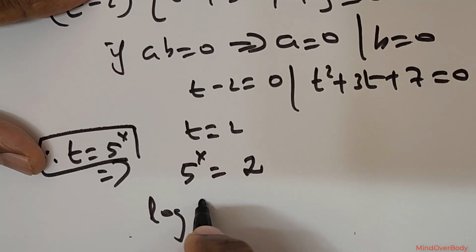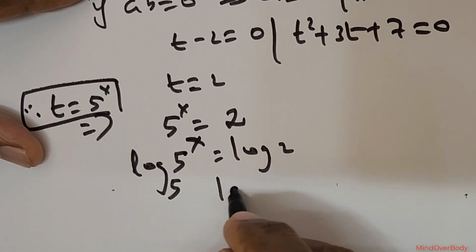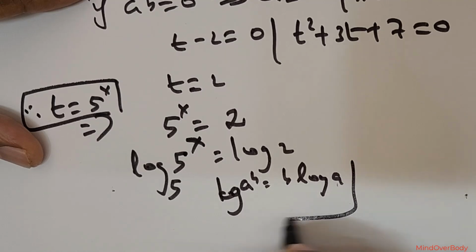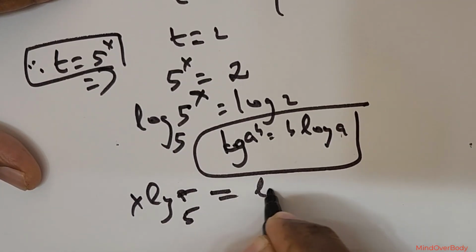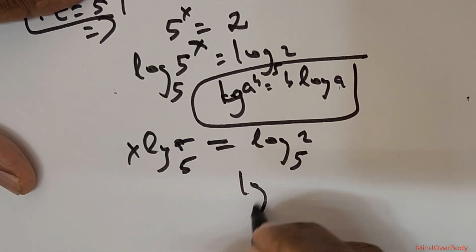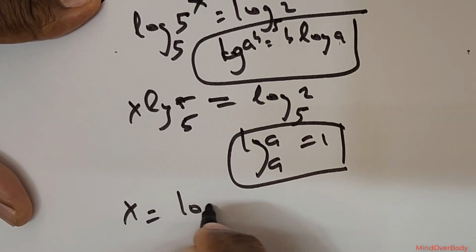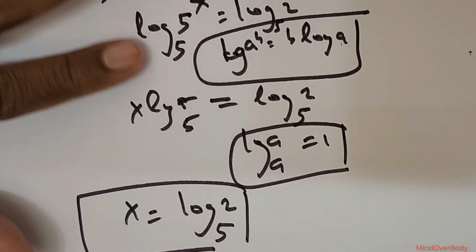I'm going to take log to the base 5 on both sides. And I know that log a^b is equal to b times log a. So this is going to be x times log_5 5 = log_5 2. Now there's a formula log_a a = 1. So this means x = log_5 2. So this is a real root.